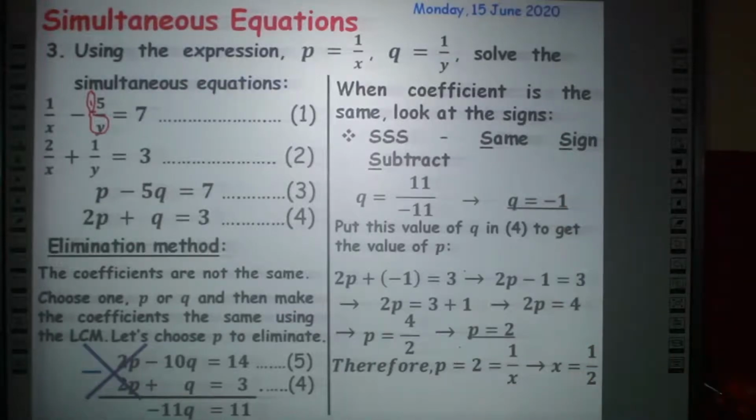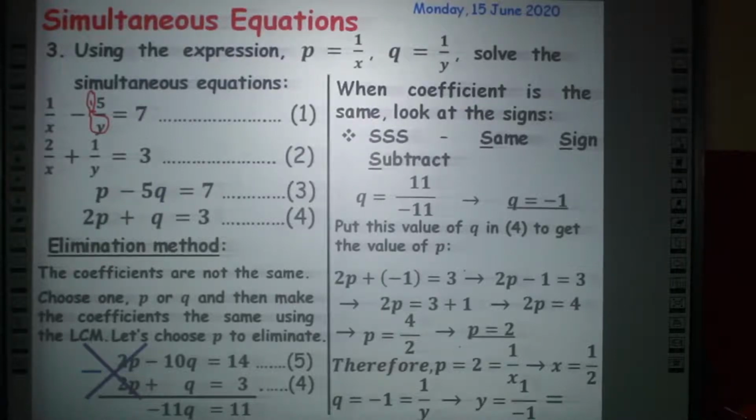So y, value of y will be 1 over minus 1. And 1 over minus 1 clearly is minus 1. So these are the two values: x is half, right here, and y is minus 1. And then we can actually check in the equation.